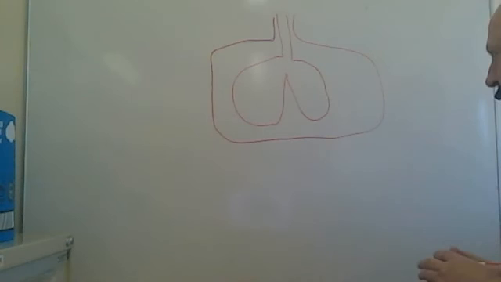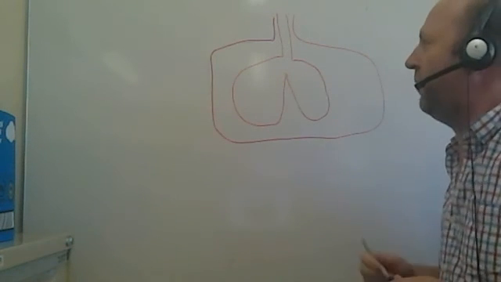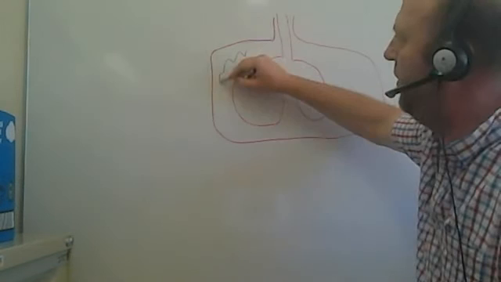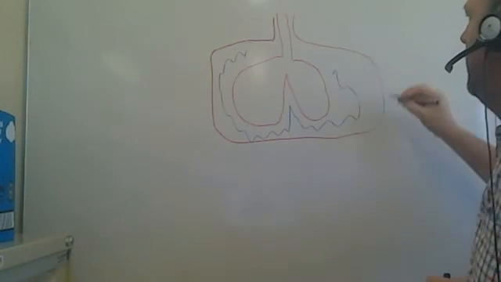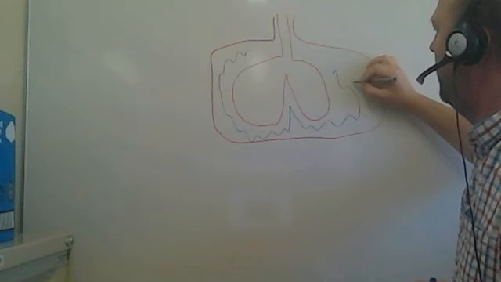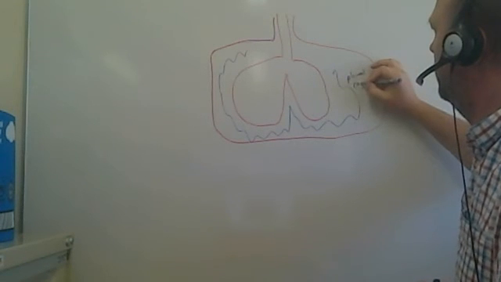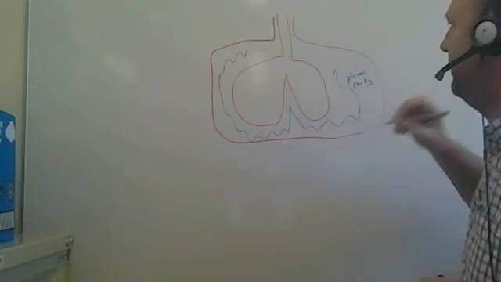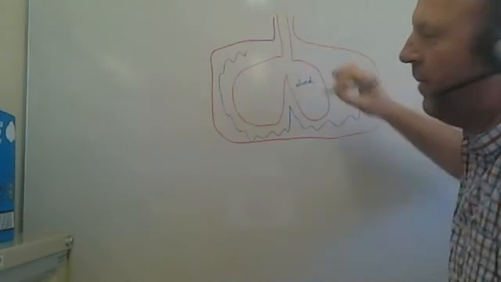Now, surrounding the lung, of course, on this area, not quite to scale, this area here is what we call the pleural cavity. Here, of course, are the alveoli and part of the lungs.